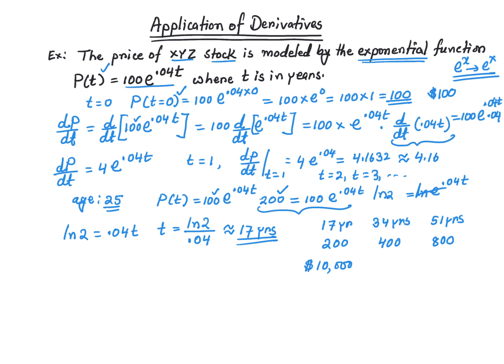After 17 years, it's going to be $20,000. You invested $10,000 when you started your job, right? So it's going to be $20,000. Then it's going to be $40,000. Then after 51 years, or when you retire, it's going to be $80,000.